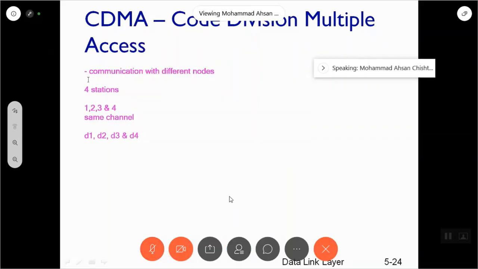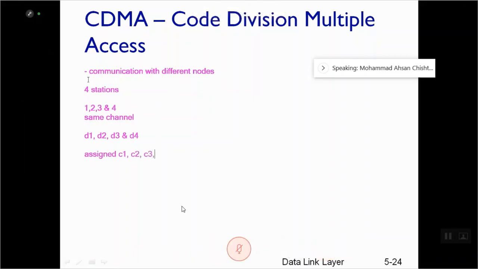Each of the stations has been assigned C1, C2, C3, and C4. And what is this? This is a unique code. C1 is of the first station and it's unique to it, and it's different from C2, which is of the second. And they have 2 properties of codes.